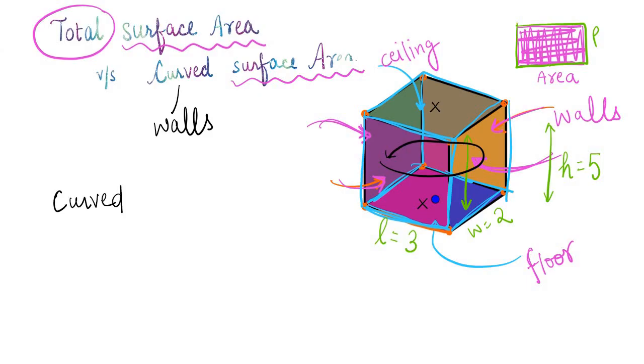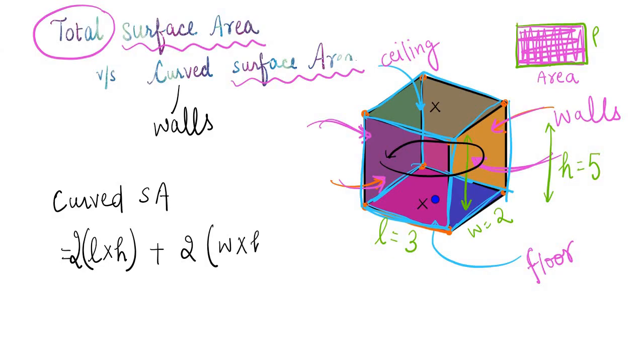Curved surface area would be, first of all, this wall, means L times H, and similarly backside 2, plus the side wall H times W. Similarly, the opposite side.